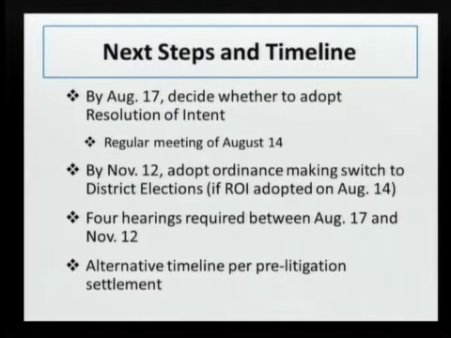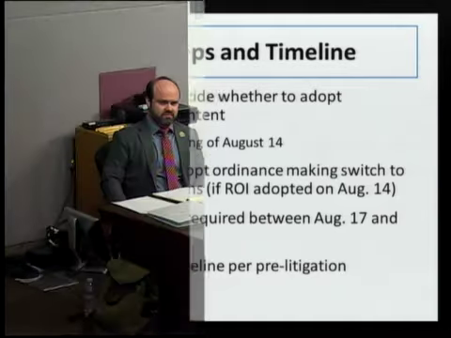By November 12th, adoption of an ordinance making the switch to district elections if the resolution of intention is adopted on the 14th. And then, as Dylan just indicated a minute ago, those 4 hearings between August and November. If there's a pre-litigation settlement, of course, there could be an alternative timeline established through that settlement agreement. That concludes our report, Mayor, and we're available to take questions.